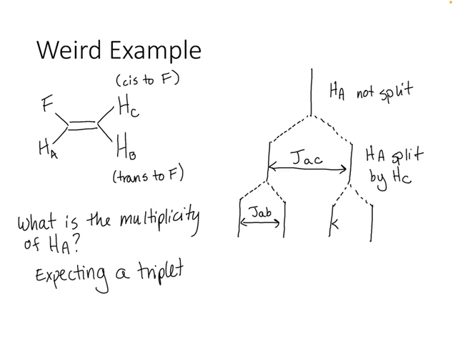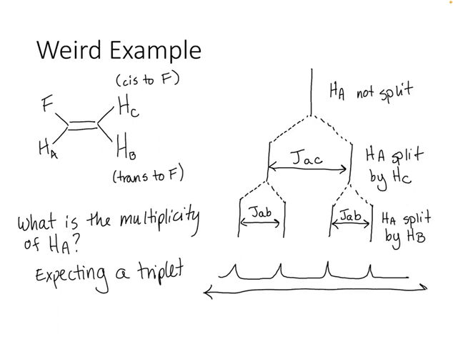And that's because the splitting distances are different for HC and HB. So what we end up with kind of looks like a quartet, but it's not really a quartet. It's actually going to be a doublet of doublets.